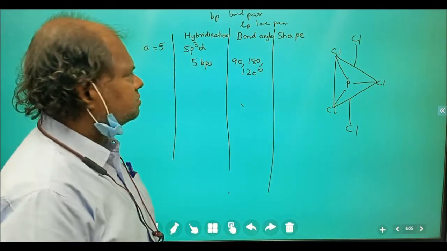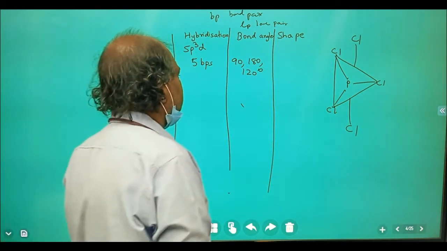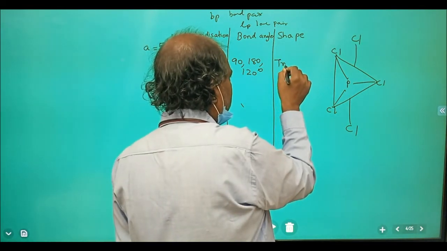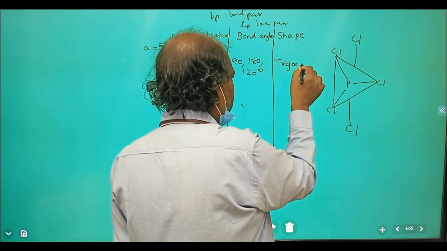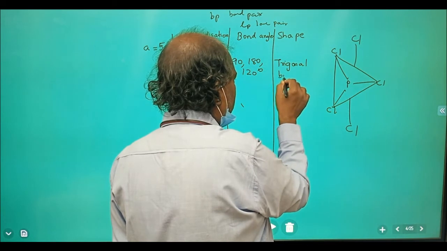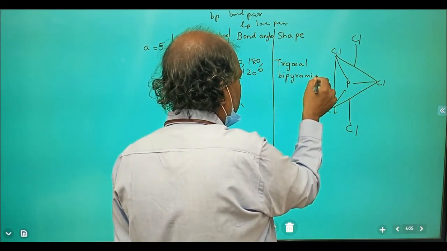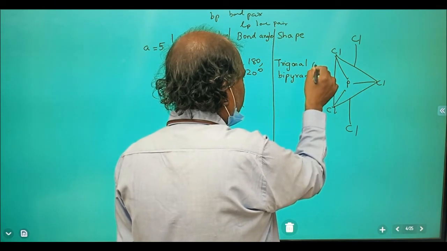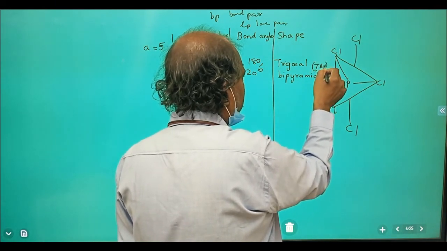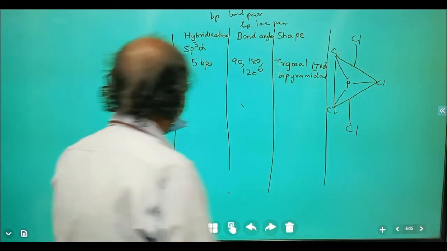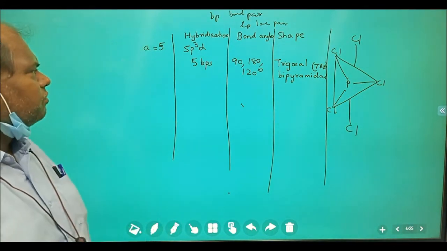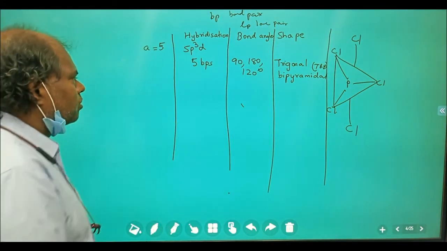Correct? Shape. Short form you can call it TBP also. Okay, that is 5 bond pairs.